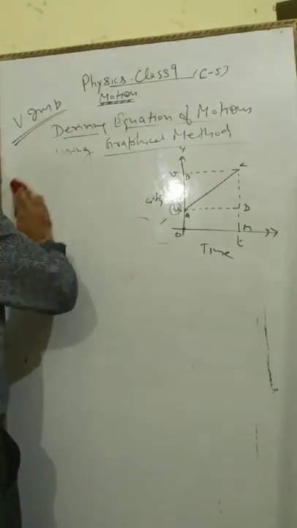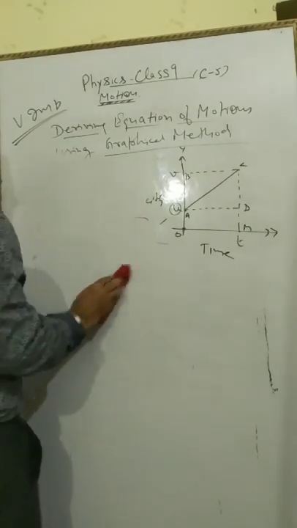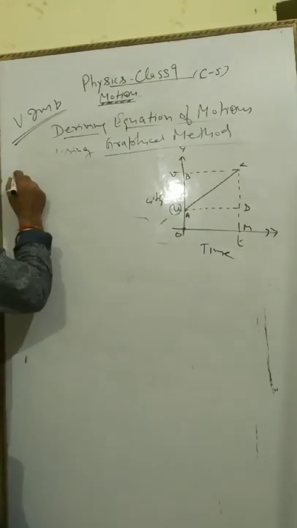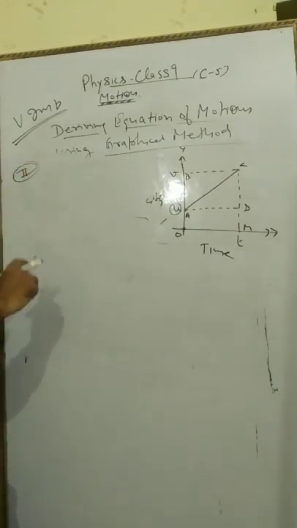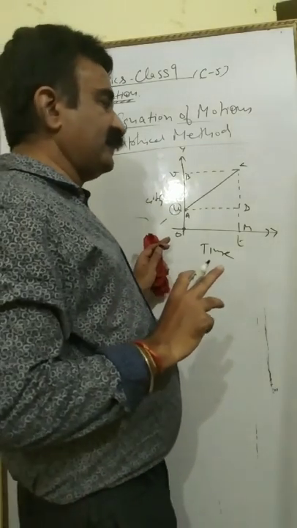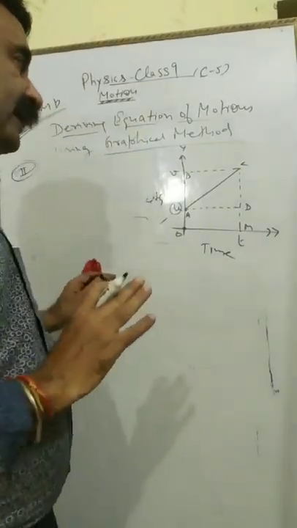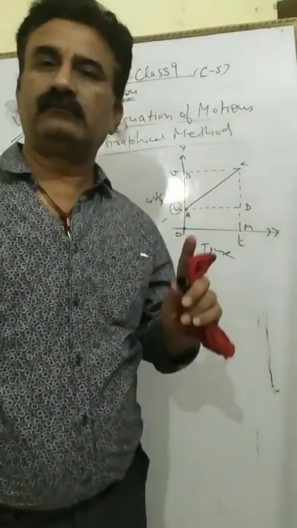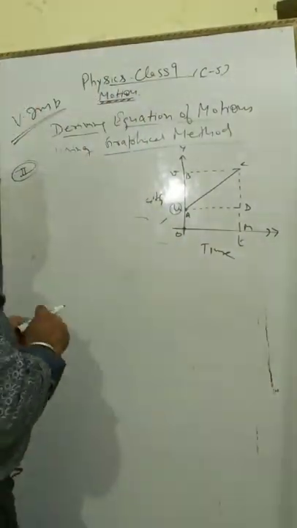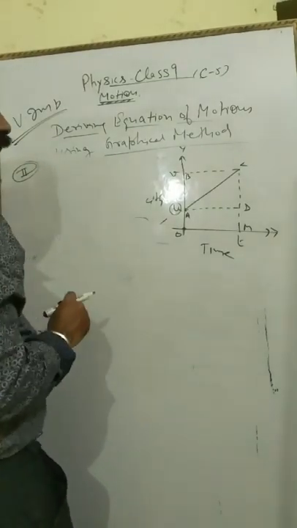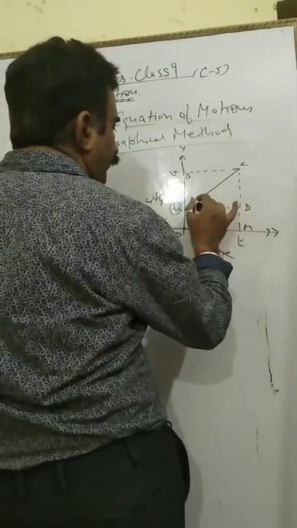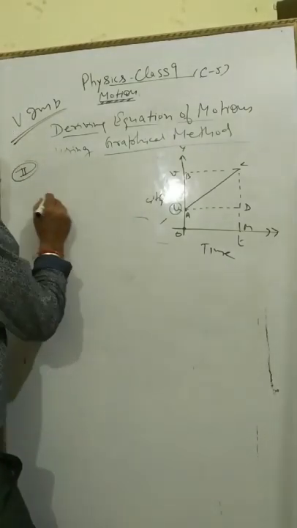Second equation of motion. When I was explaining the VT graph, I told you that the area of the VT graph gives the displacement. So again here I have to find out the area.